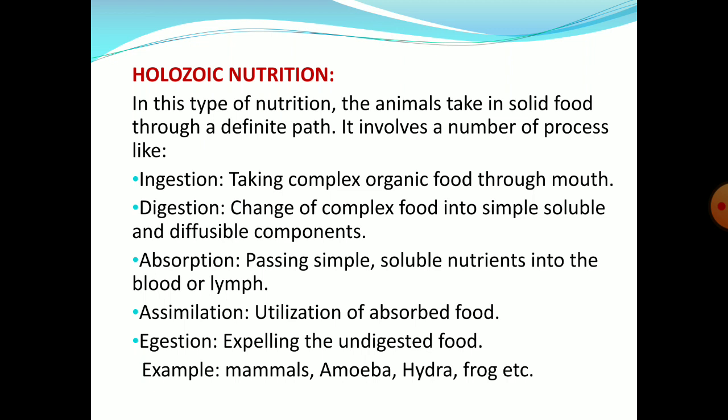Then these simple, soluble nutrients are passed into the blood or lymph in the absorption process. After that, absorbed food is utilized by assimilation. And last, undigested food is thrown out from our body by egestion. Examples of Holozoic nutrition are mammals, amoeba, hydra, frog.